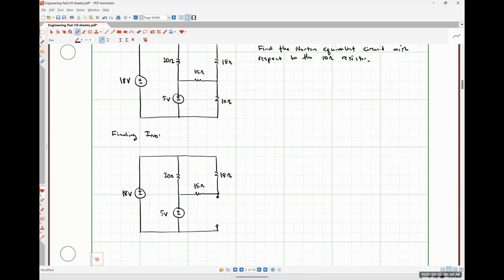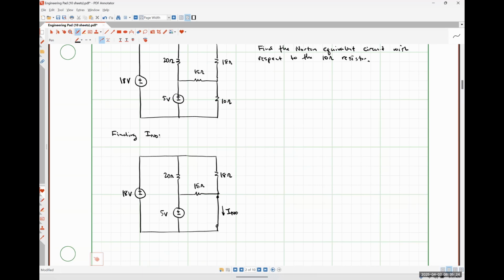And because I'm finding the Norton current, I have to short circuit those terminals. And the Norton current is just the current that's flowing through that short circuit. So essentially, whenever I'm finding Thevenin voltage, I replace my component of interest with an open circuit and find the voltage drop across that open circuit. Whenever I'm finding the Norton current, I replace my component of interest with a short circuit, and I just find the current flowing through that short.